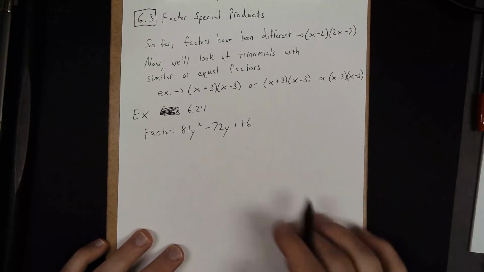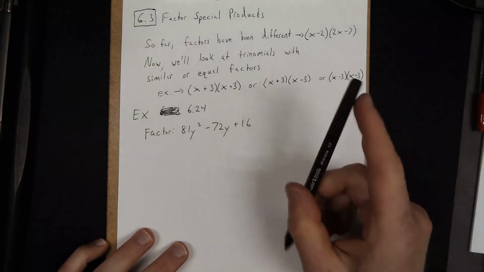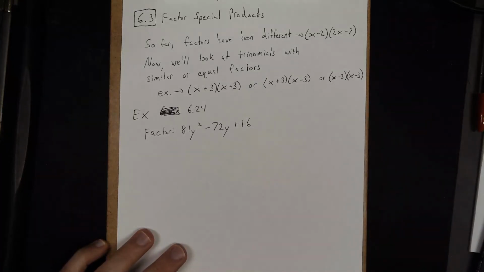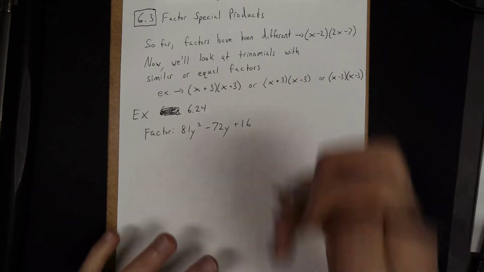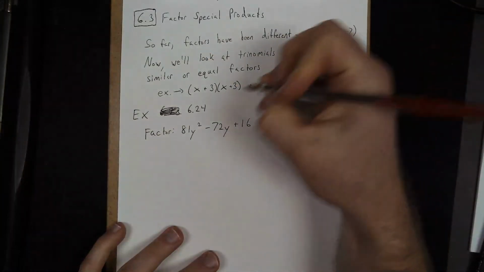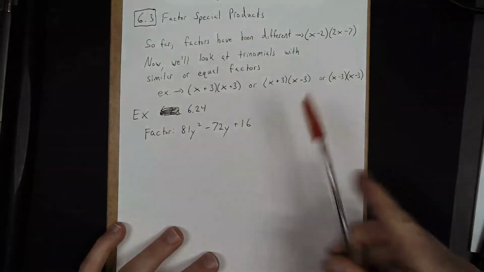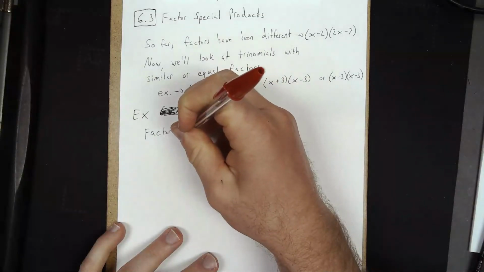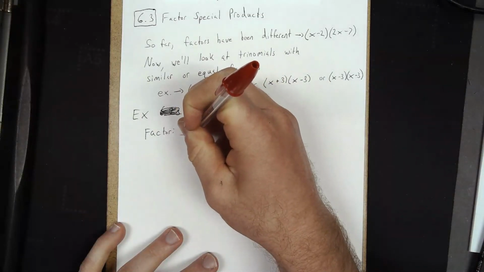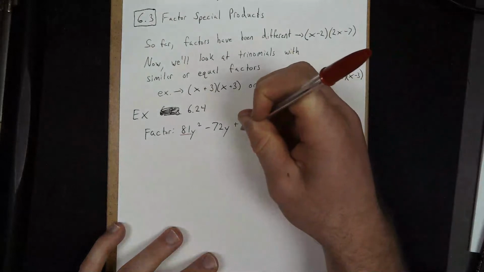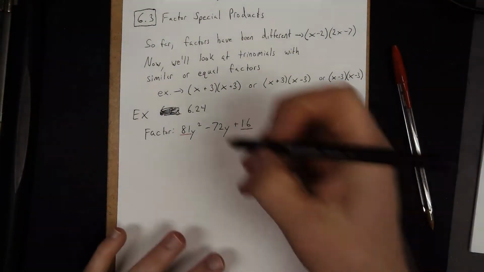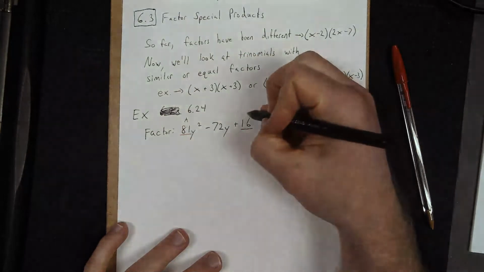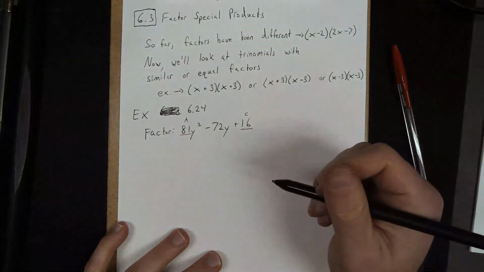So the question we ask ourselves, and remember, this is our A, and this is our C, is: are A and C both perfect squares?